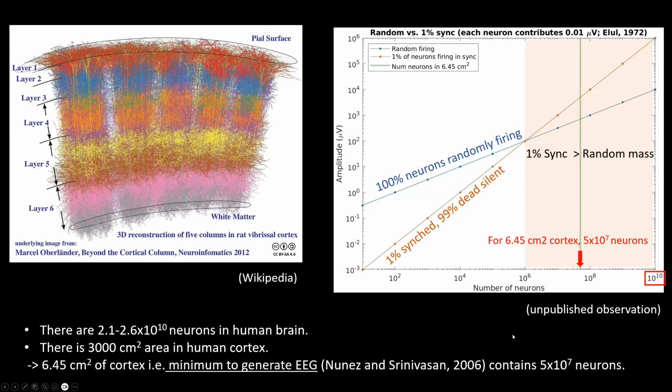According to Nunez and Srinivasan, we have to have this much cortical area to produce scalp-measurable EEG, which is assumed to be something like 5 to 10 to the 7th neurons. That is well within this region, where 1% synchrony overwhelms the random mass effect.